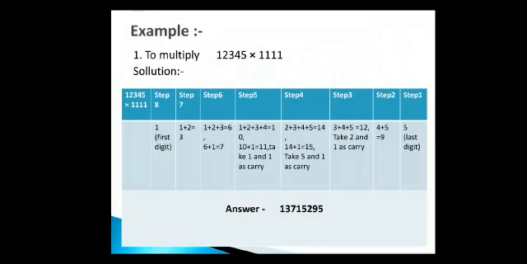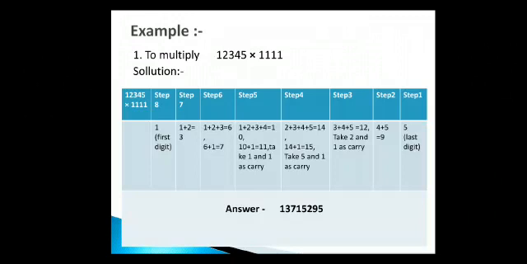In step 5, we add next 4 digits, that is 1 plus 2 plus 3 plus 4 is equal to 10, and the carry was 1, so 10 plus 1 is equal to 11. Take 1 and 1 as a carry. Step 6, we add first 3 numbers.